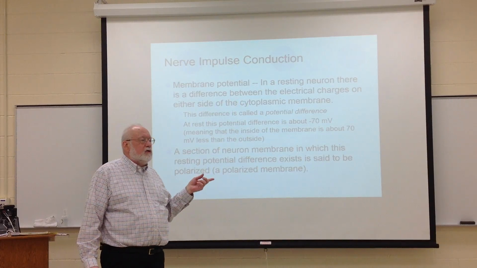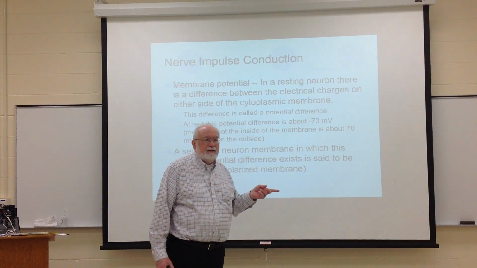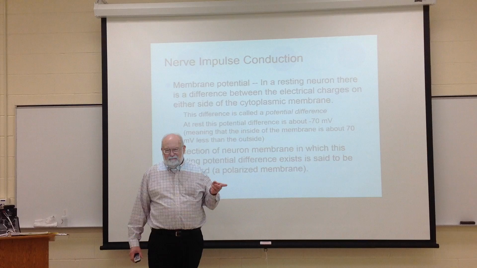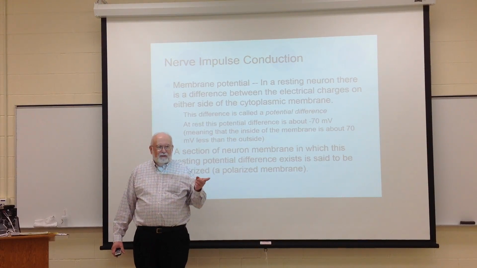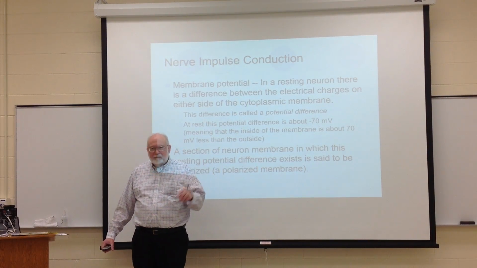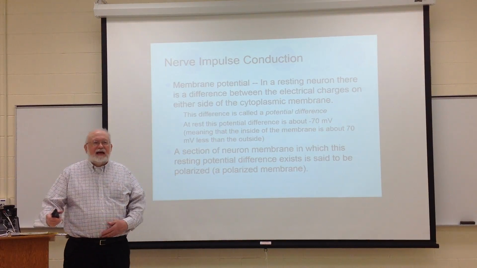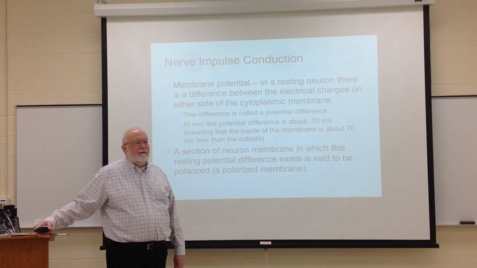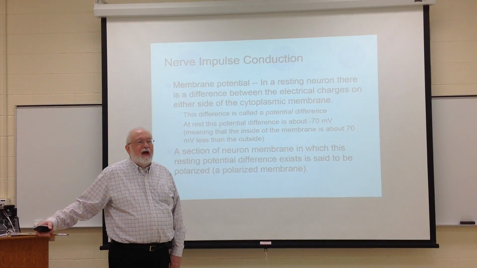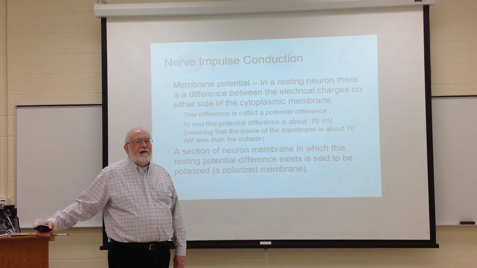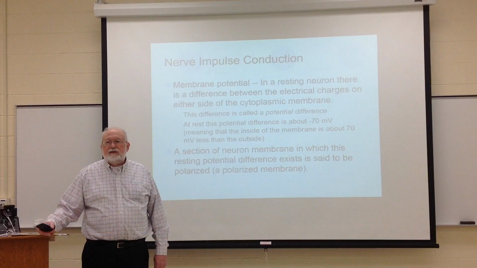But what's the charge on a sodium ion and what's the charge on a potassium ion? Well, they're both plus 1, right? So obviously that's not going to account for the negative voltage difference. What is inside the cell that accounts for most of that charge is going to be the proteins.